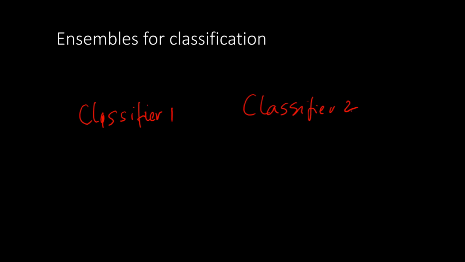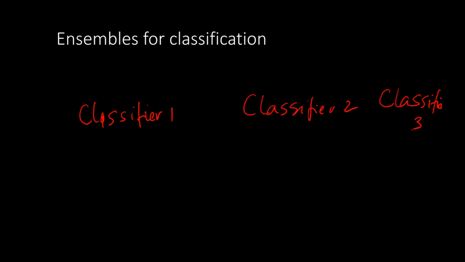Basically, if we are looking at a binary classification problem, then we just take the mode of their decision. So mode won't work with 2, we will need to have 3. So let's say classifier 3.